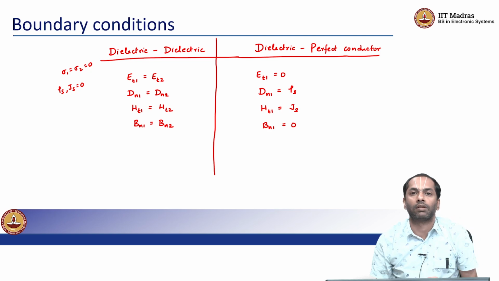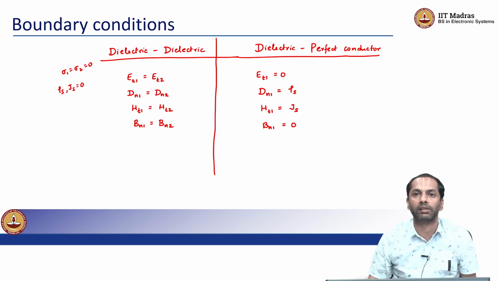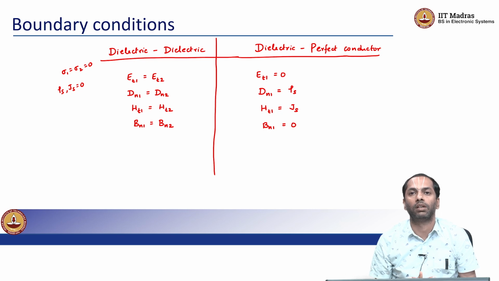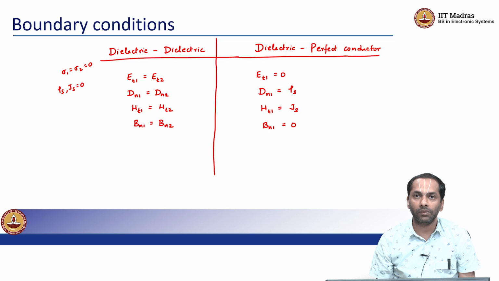Okay. So with this, let us conclude our discussions on boundary conditions. Please take a look at this carefully, because we are going to use these results for our derivations of interaction of a plane wave with interfaces. Thank you.